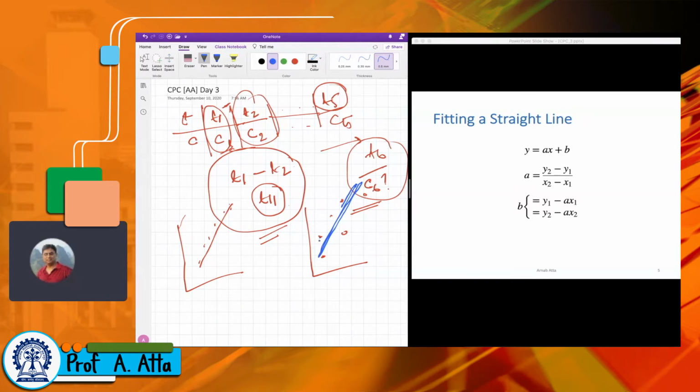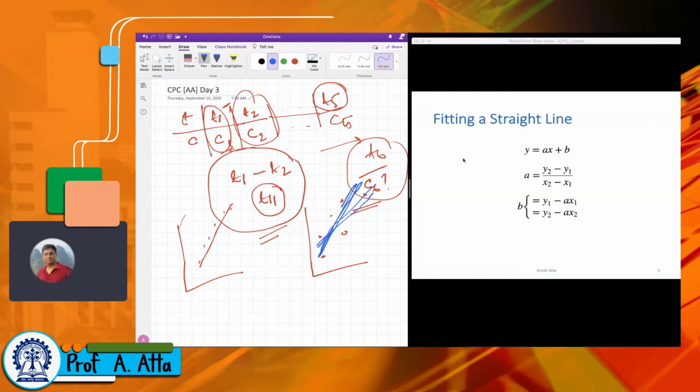Which one is the best one, because we can draw several lines through that? This I leave to you, with your understanding of regression that you have already done in your maths class, or the least square fitting calculations, the least square method for curve fit or straight line fit.